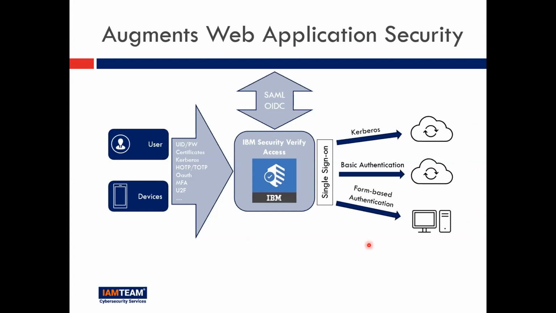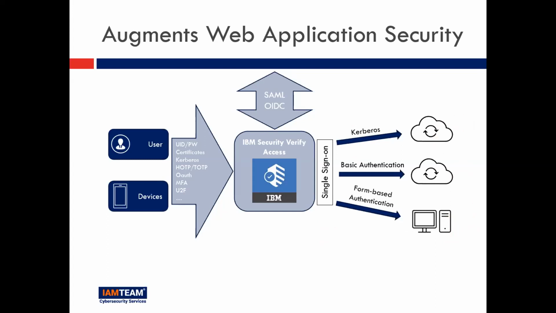We can set up a single sign-on here such that when the user logs into Verify Access and tries to access this, Verify Access would send a Kerberos credential, while here it will assert user ID and passwords. The same with this one. So essentially they sign in once and they have access to these different applications.